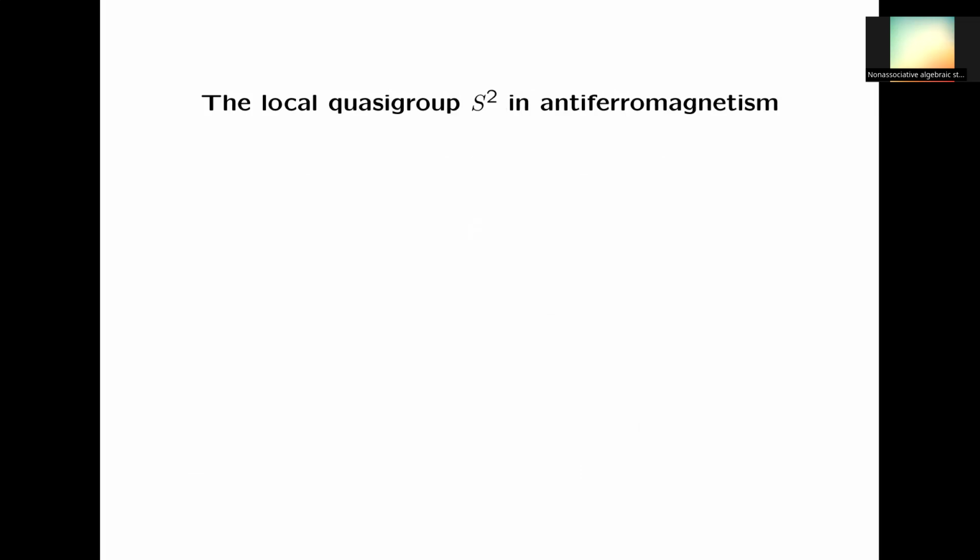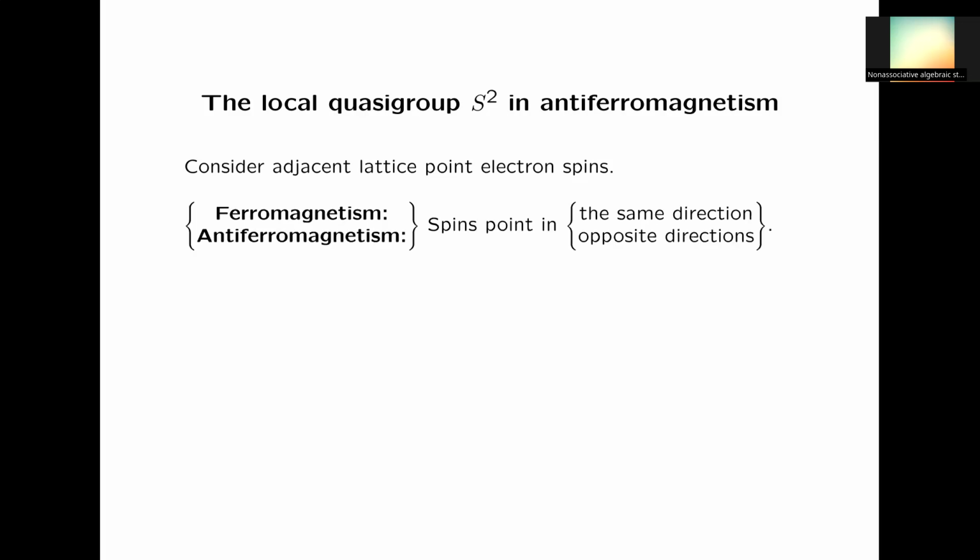Okay, we can also get local quasigroups rather than full global quasigroups appearing. So let's quickly look at antiferromagnetism. If you've got a lattice in any dimension, consider electron spins at each lattice point. Ferromagnetism is where all the spins are in the same direction.